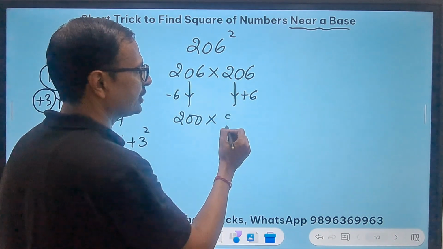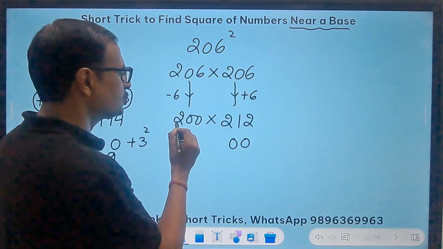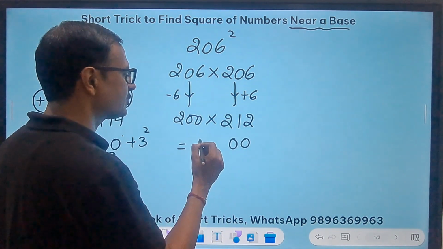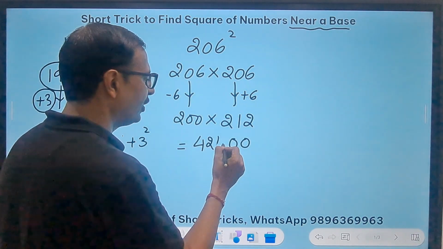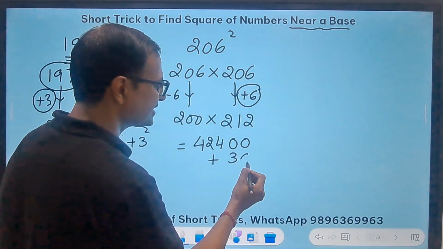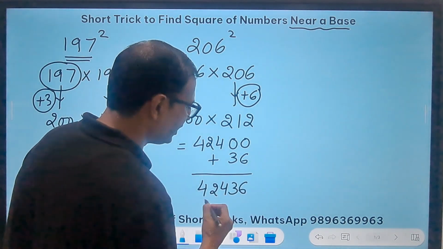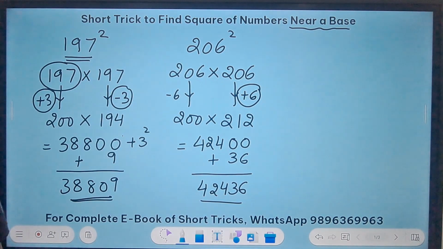This becomes 212. Now multiply these two. 0, 0. 212, the double is 424. And what to add to this? This number square, that is 36. And now 4 to 4, 36 happens to be the square of 206.